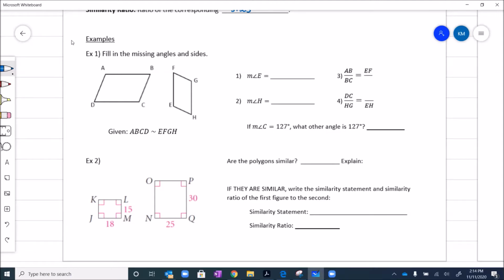Here we're not given numbers, we're only given the names of the things. So we need to make sure that we're using those corresponding pieces. So the measure of angle E should be the same as the measure of angle A. Number two, the measure of angle H should be the same as the measure of angle D.